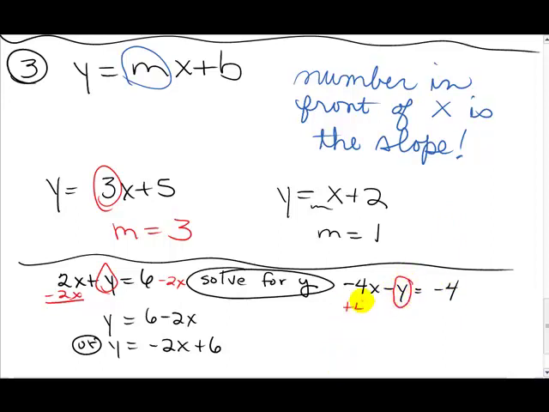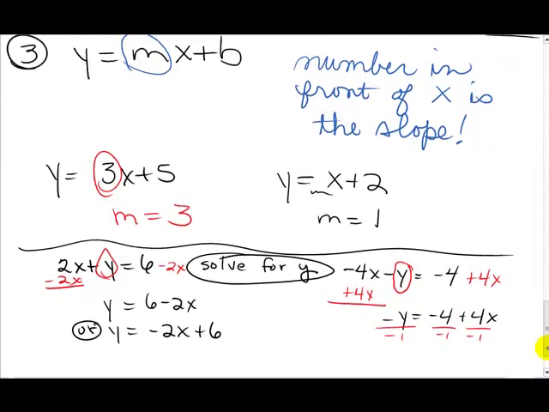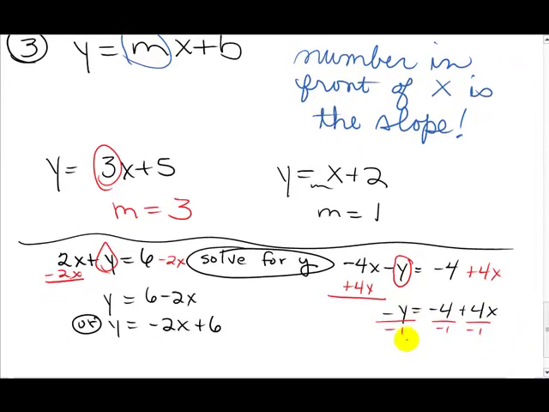We will move the variable, rather. We're left with negative y equals minus 4 plus 4x. Then we want to divide by the negative 1 all the way across. And y equals 4 minus 4x, or y equals minus 4x plus 4.